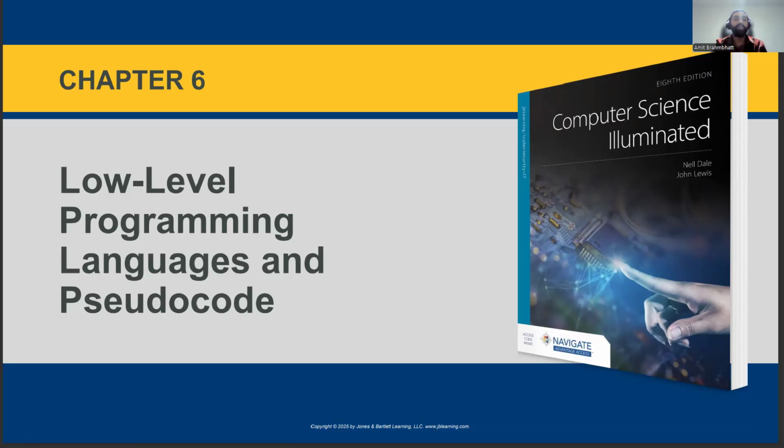Later, we'll shift into pseudocode, which helps us express algorithms clearly using structured English. This chapter builds the foundation for understanding how programs really work under the hood and how programmers bridge the gap between human thinking and machine execution. Let's get started by looking at the goals of this chapter and the idea that will guide our journey.